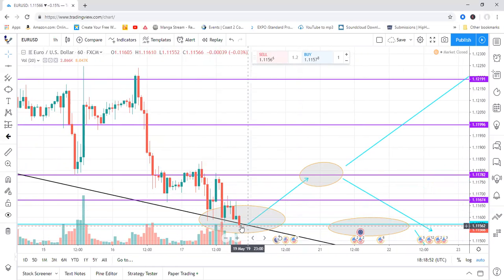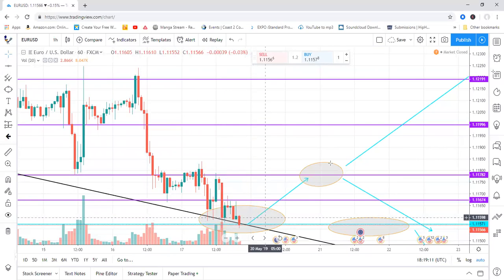is price going to turn, or is price going to just continue on its trend and continue to go down? Is it going to be supported off of this support line that it is currently on right now?